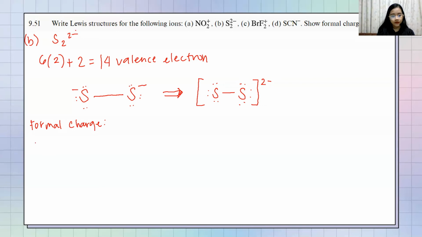So for sulfur, here, the left side has 6 valence electrons minus how many non-bonding? 2, 4, 6. 6 non-bonding electrons and 2 bonding electrons. 2 over 2, we get negative 1.